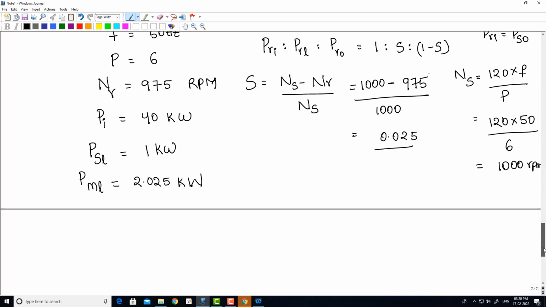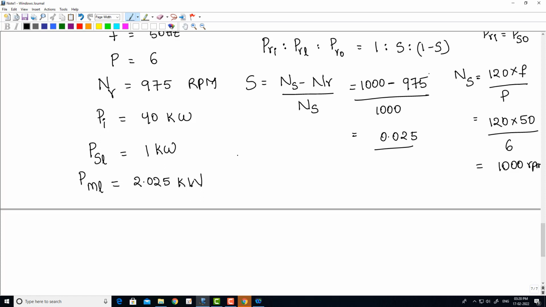So after finding the slip, we can calculate the rotor output. And we know that rotor input, just now we found out, that is 40 minus 1, 39 kilowatts, right?